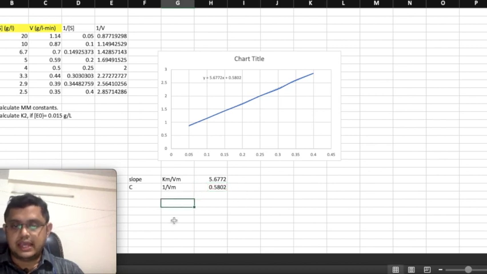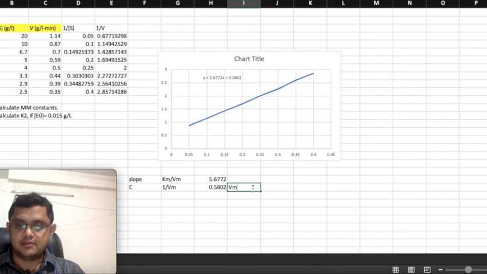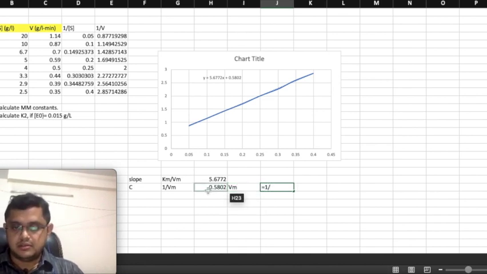So from this we can calculate Vm. So how to calculate Vm? Just take the reciprocal of 1 by Vm. So here the reciprocal, 1 by this one, you will get 1.7. So now Vm is 1.7, whereas Km by Vm is 5.6.